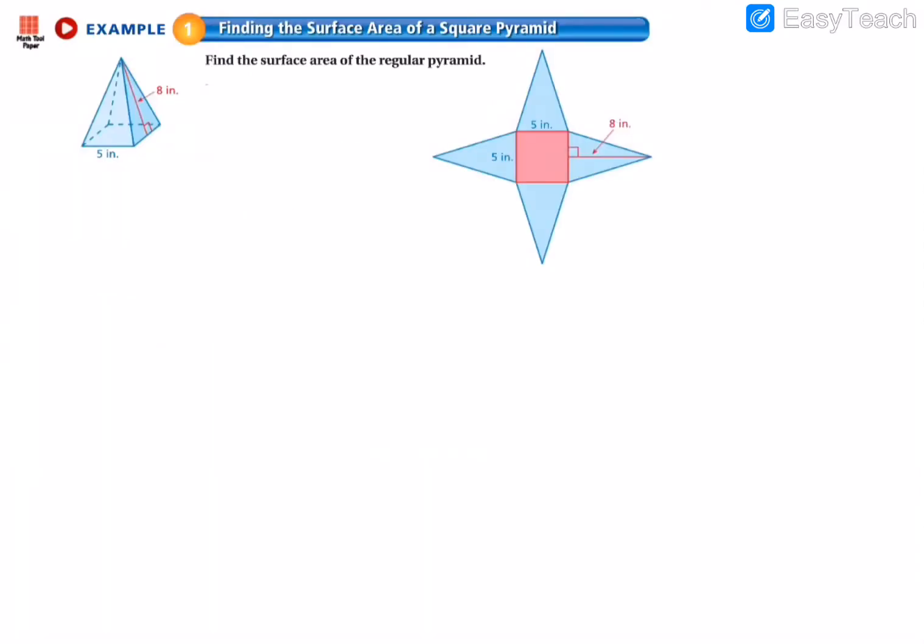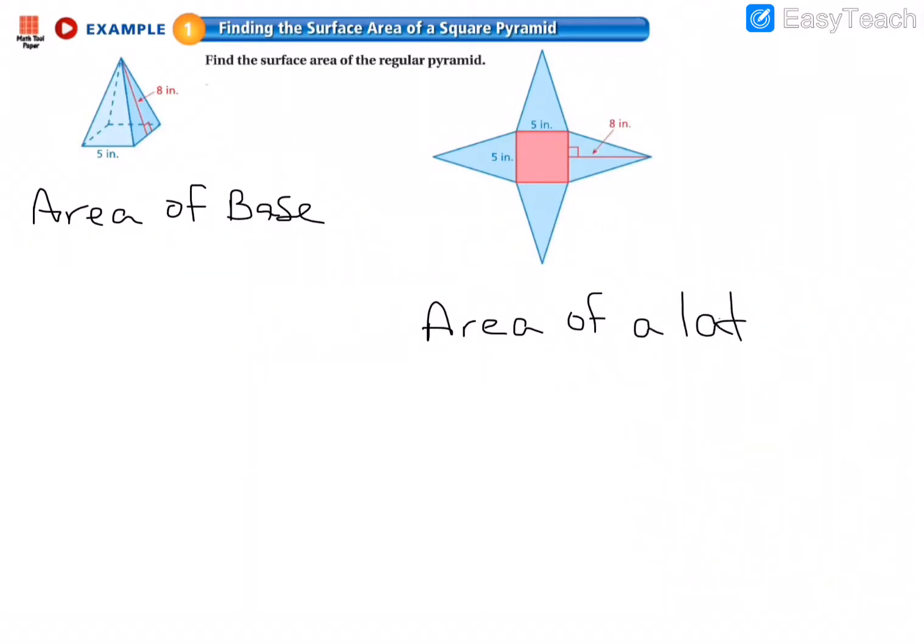Okay, so example 1, finding the surface area of a square pyramid. When you're trying to find the surface area of the square pyramid, we know that we need to find the area of the base, and we need to find the area of a lateral face.